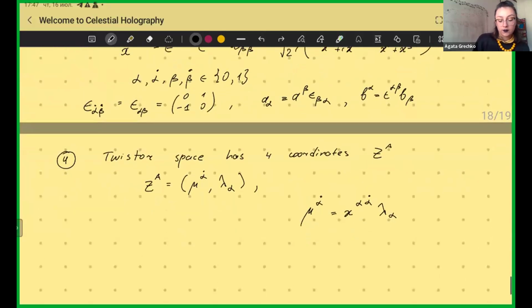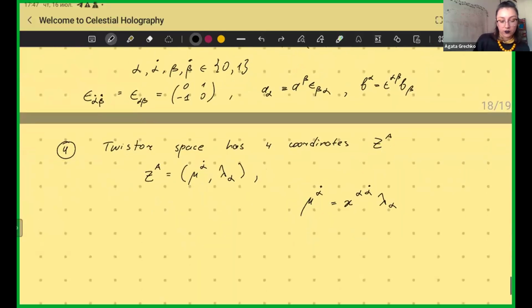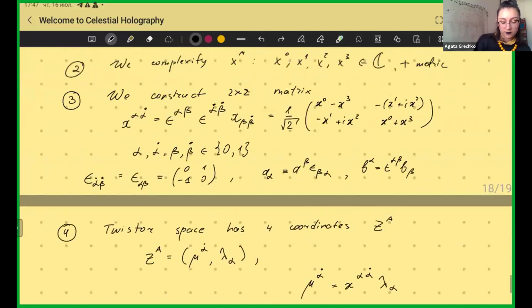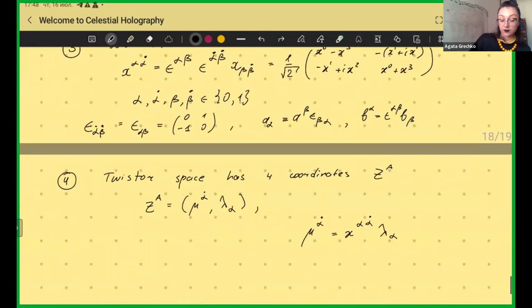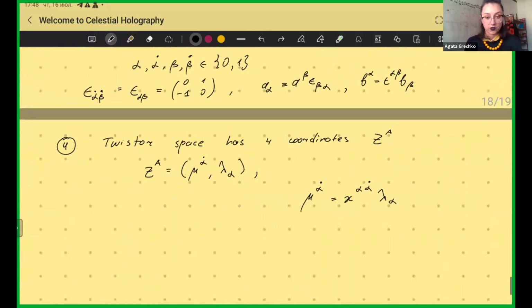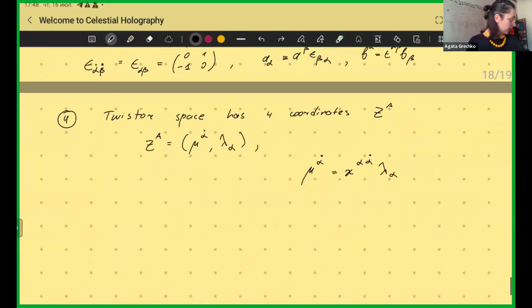All the coordinates are complex, and I would say that this is enough of twistors for today, because again, it's a very rich topic, and I'm not a specialist in it.